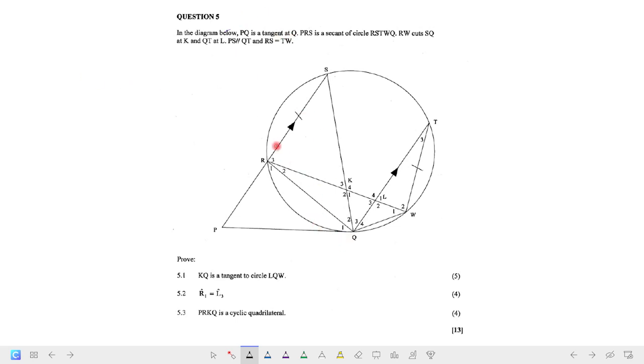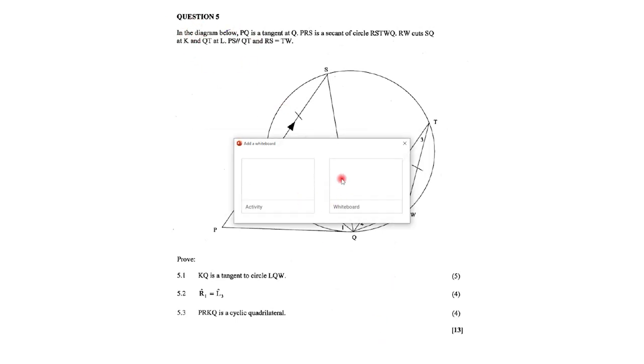Alright, now the information that we got there, you need to regard as the information that you're given. First, I'm going to show you how you can write the information that you're given, so let's write this given.